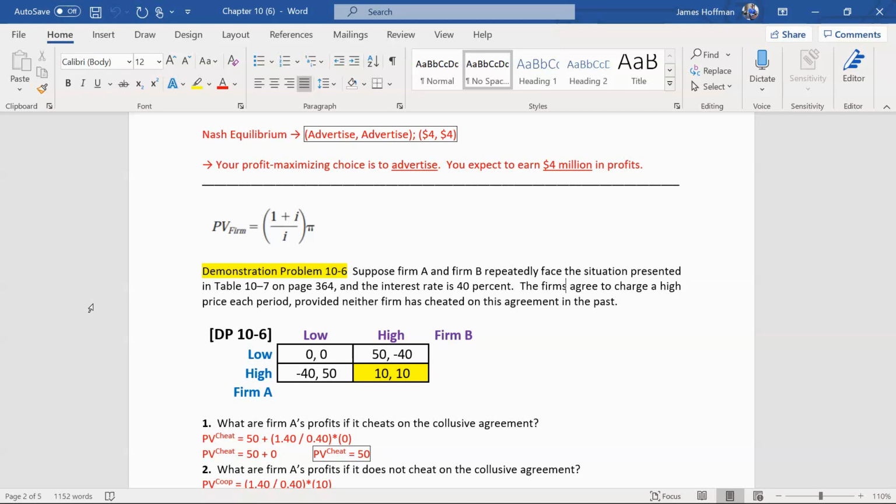Okay, so the firms agree to charge a high price each period, provided neither firm has cheated on this agreement. And so what you see here is that instead of just coming up with a Nash equilibrium, so look at this game here.